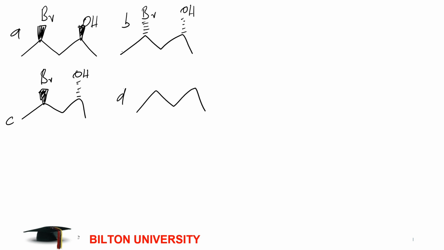So this is R, then we can maintain this to be our wedge or dash, bromine, and then because of this one, we can change it into OH.